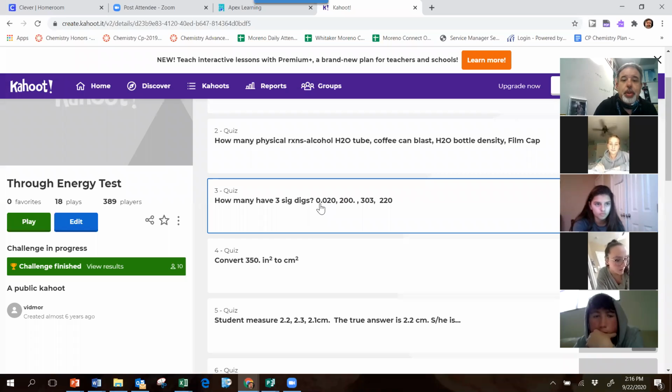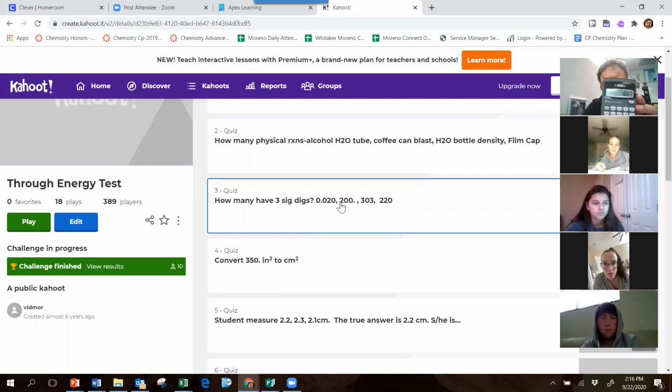So you plug in 0.020, bam. You see what the calculator says? It says 0.02. So whatever the calculator tells you, don't believe it. So if the calculator says, hey, 0.0 is important, say, not important.